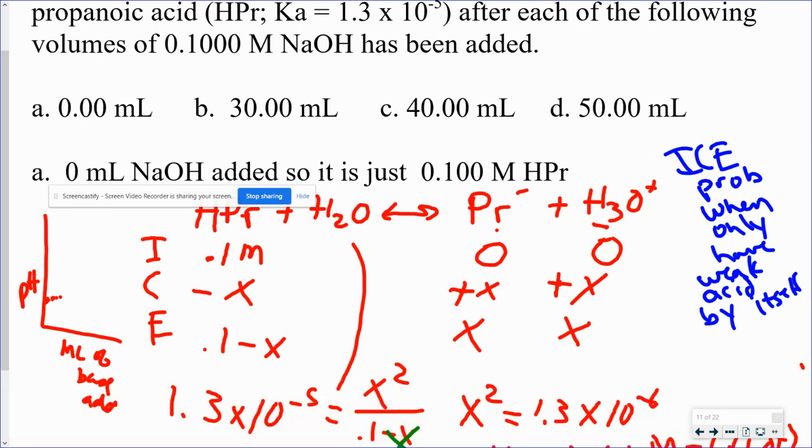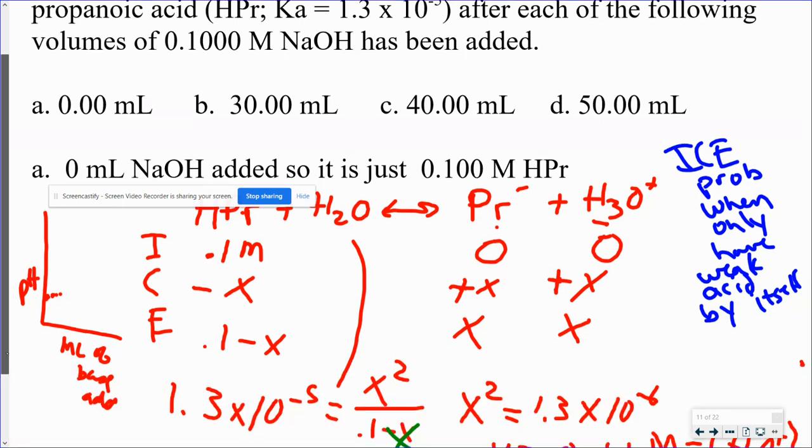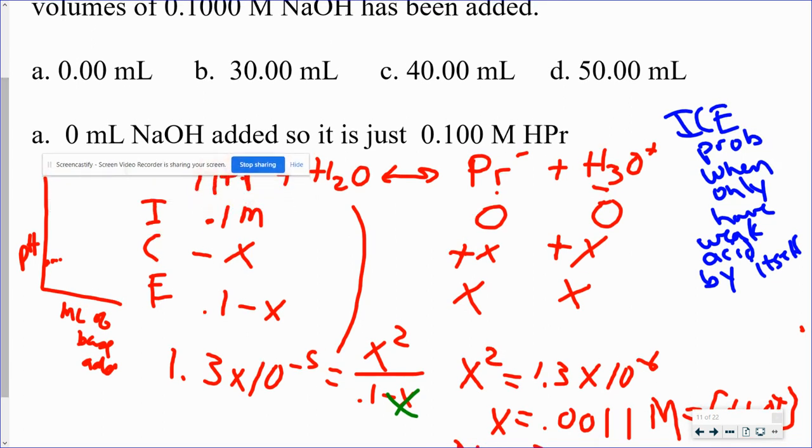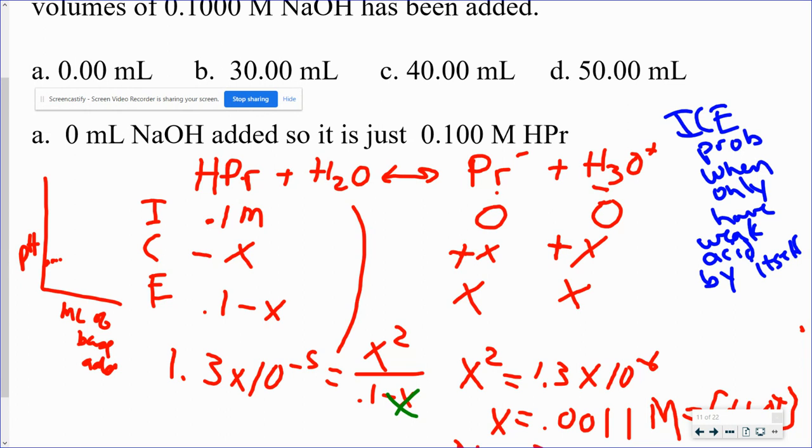When we solve for X, that will be our H3O plus concentration. So X squared, X times X over 0.1 minus X, just like our regular weak acid ICE problems. The Ka is to the negative fifth, so we can ignore this minus X from the 0.1.